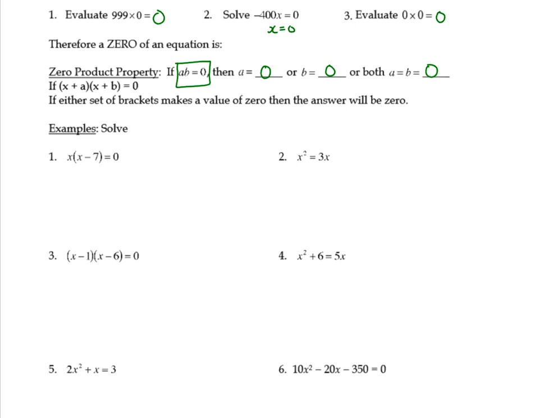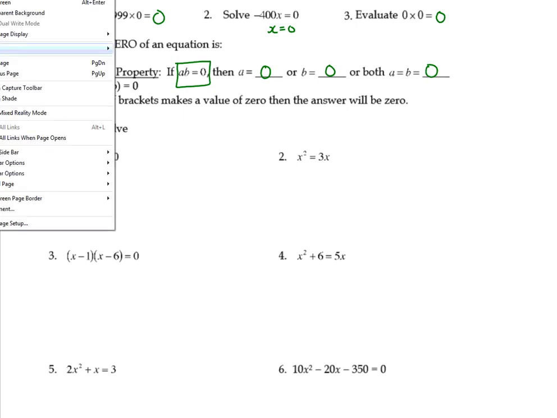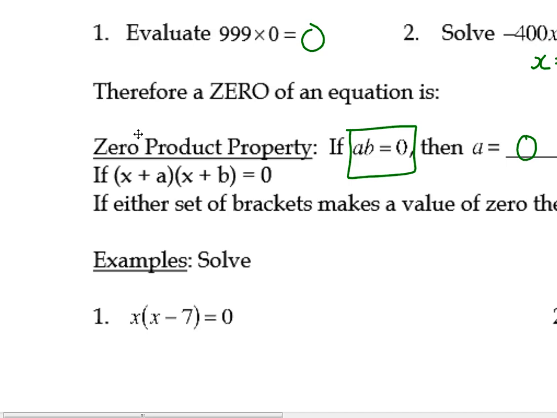So if I look at this here, I'm just going to zoom in a lot larger. x plus a times x plus b equals 0. Okay? So if we know this product is equal to 0, everything we do is going to be based on this.